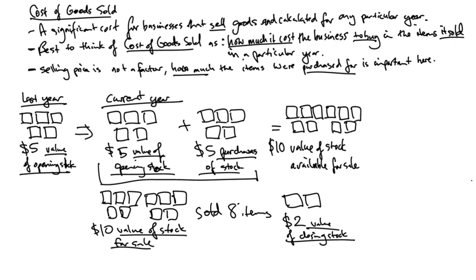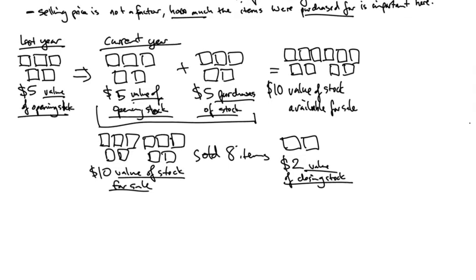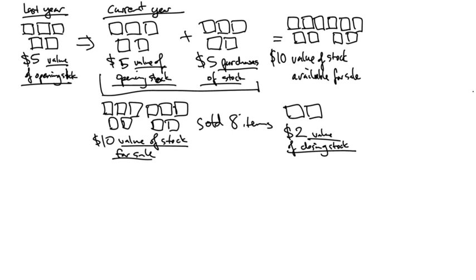And so this leads us to the idea of cost of goods sold. How much did it cost the business to sell those 8 sold items? What is a way of working that out?